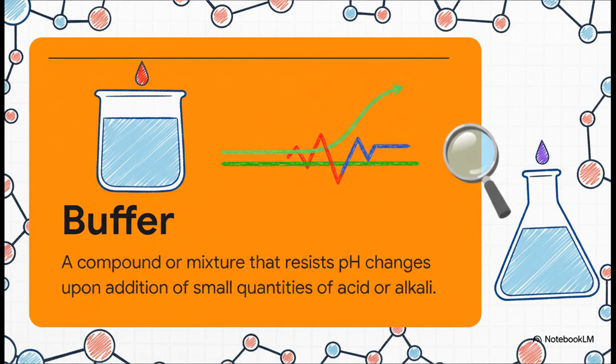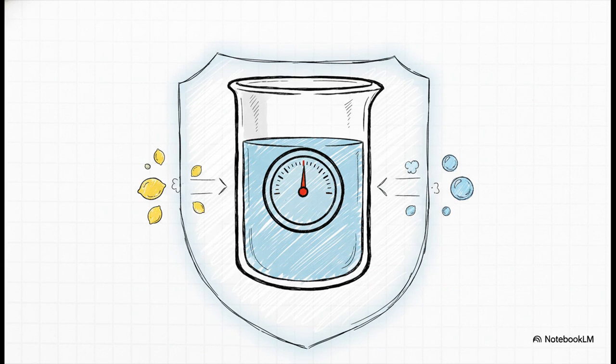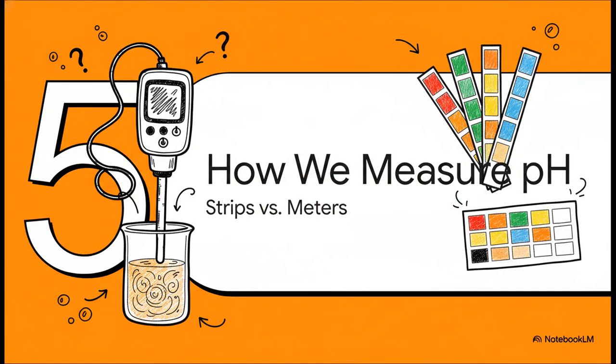You can add a little bit of acid or a little bit of a base, and the buffer just absorbs the shock, holding that pH level almost perfectly steady. A really great way to think about it is like a thermostat for chemistry. A buffer sets the pH at exactly the level you want, and then it just works to keep it there, no matter what. This makes sure the chemical environment stays stable so medicines can do what they're supposed to do, safely and effectively.